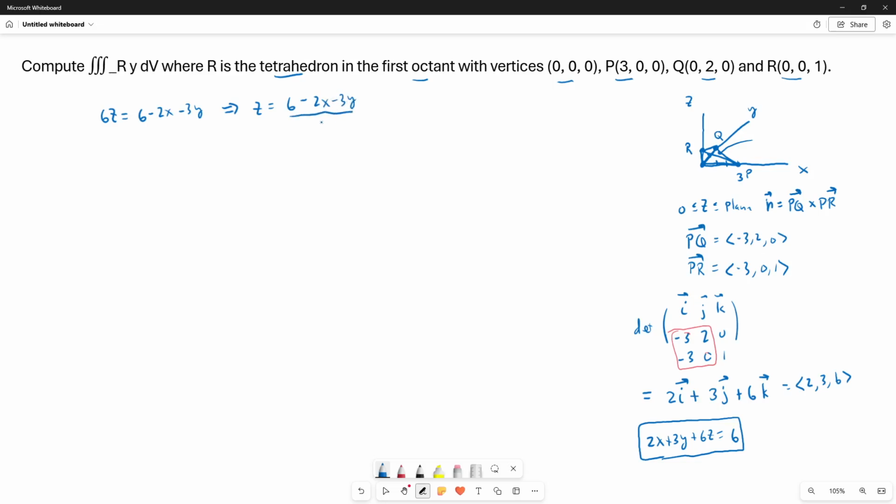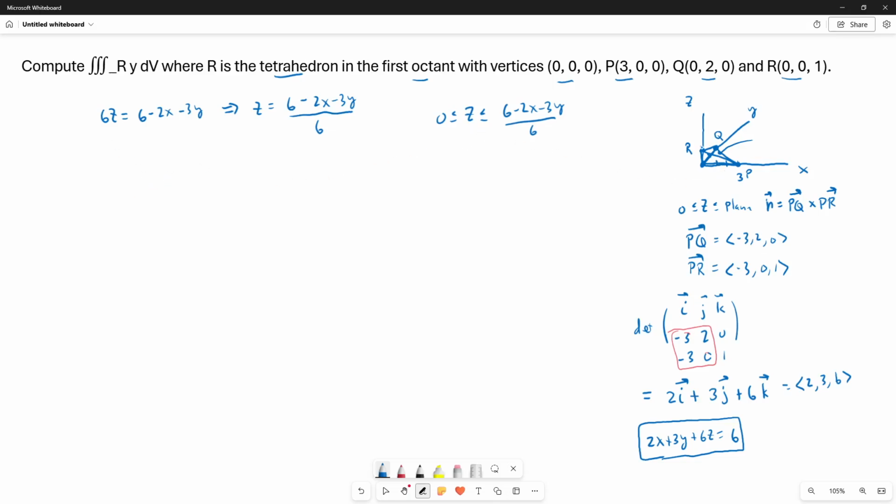I'll just leave it like that. Okay, so z is going to be between 0 and this fraction. Those are going to be our bounds in our triple integral for z.